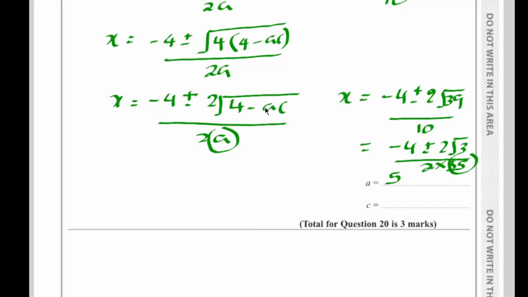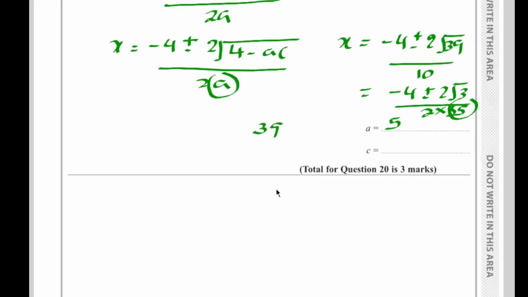What about this c? Inside the root, here I am getting 39. Therefore, I can write 39 equals, instead of 39, I am getting here 4 minus ac. Then 4 minus, a I found as 5, so 4 minus 5c equals 39.